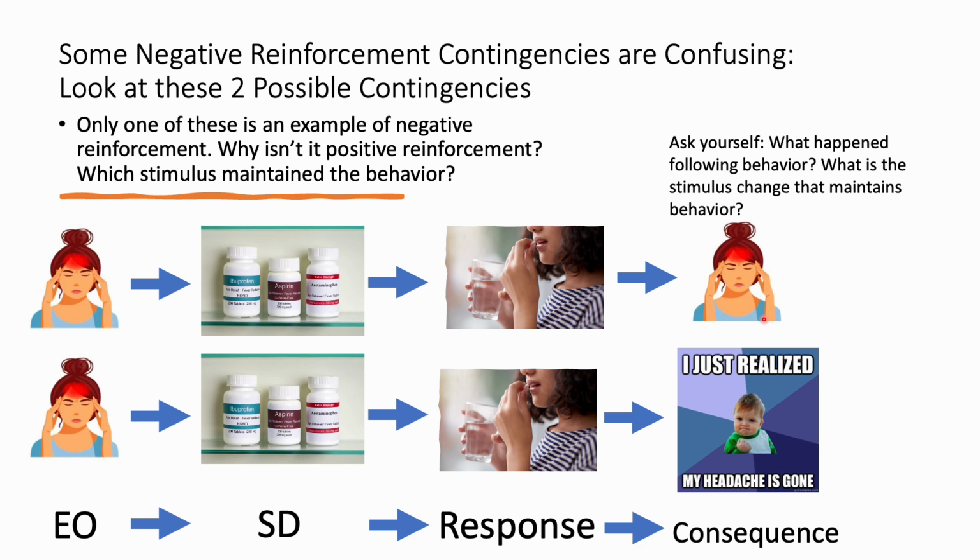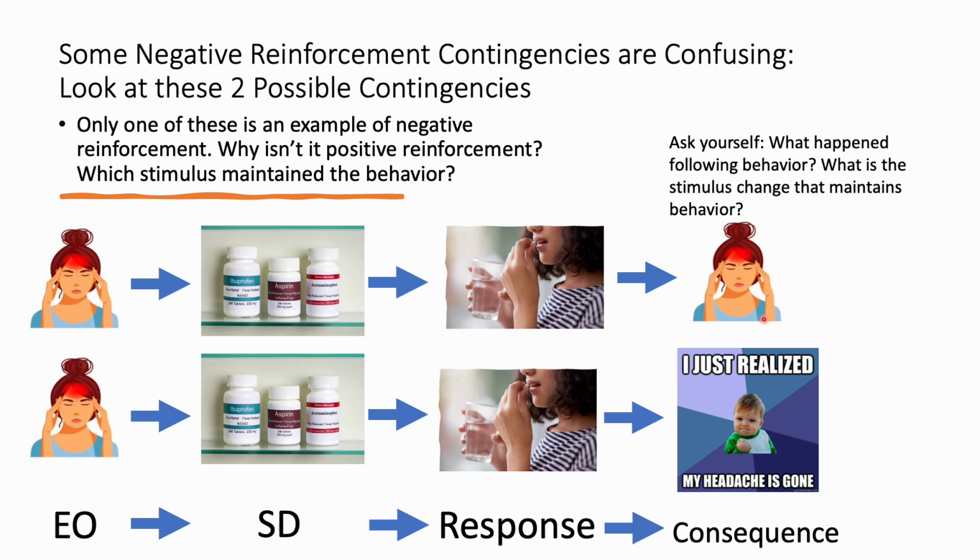So after going to the doctor and getting prescribed stronger medication, I now have medication that does work, that is effective at removing that aversive stimulus, that is effective at removing the pain. So I do take that prescribed medication, but I don't take Tylenol anymore. Why don't I take Tylenol anymore? Because in the past, when I've taken Tylenol, it does not serve to get rid of that aversive stimulus.